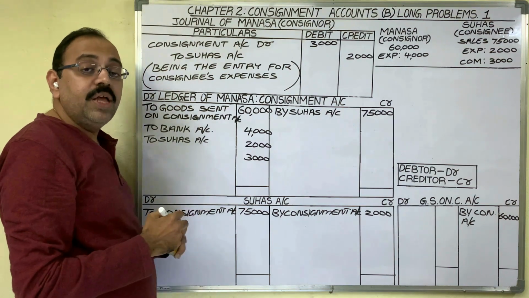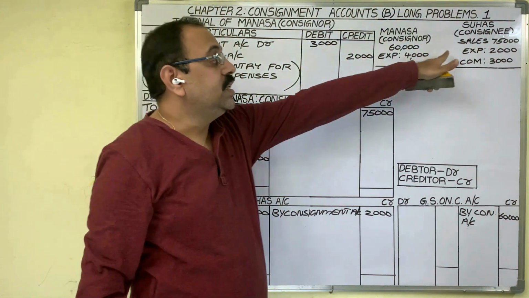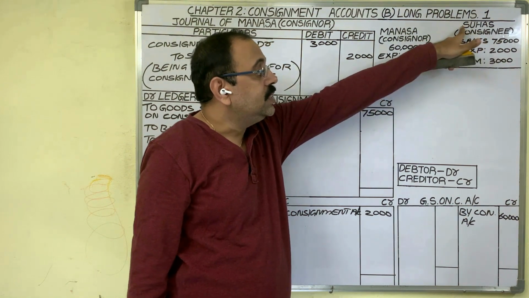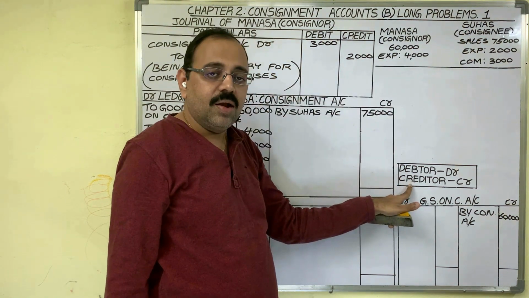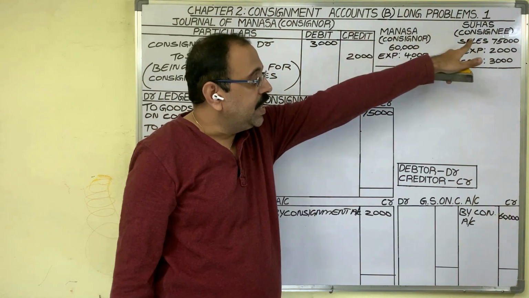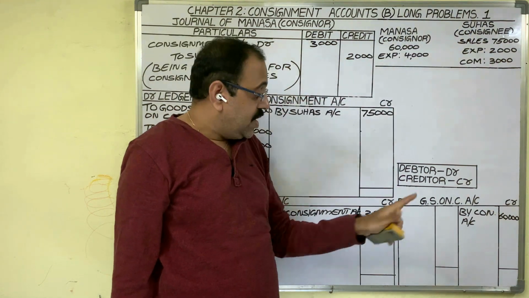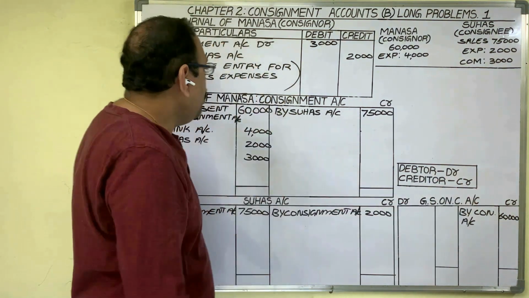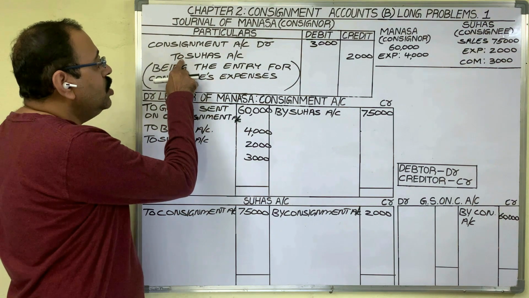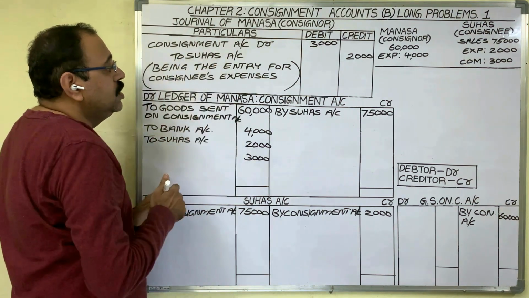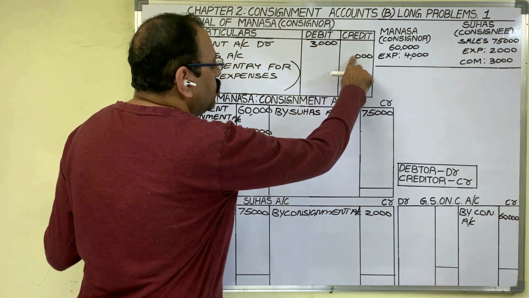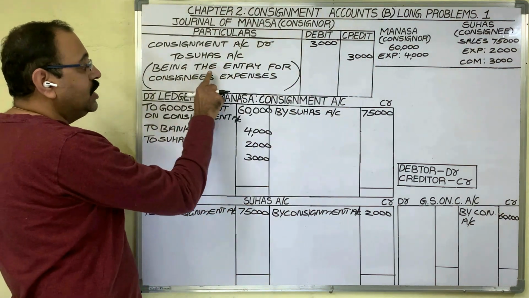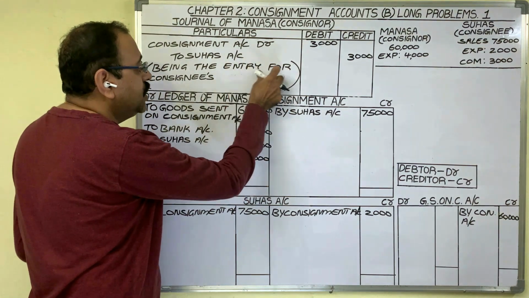To whom we have to pay this commission? To consignee. Means for 3000 rupees also consignee is becoming a creditor. We are liable to consignee for 3000. As he is a creditor, his account is to be credited. Therefore, credit should be given to Suhas account. Amount 3000 rupees. Narration being the entry for consignee's commission.